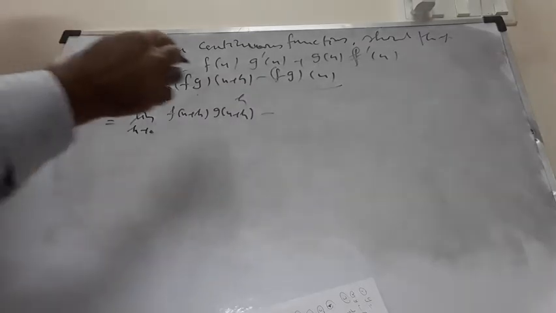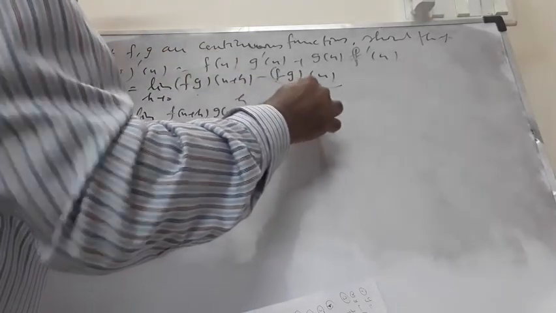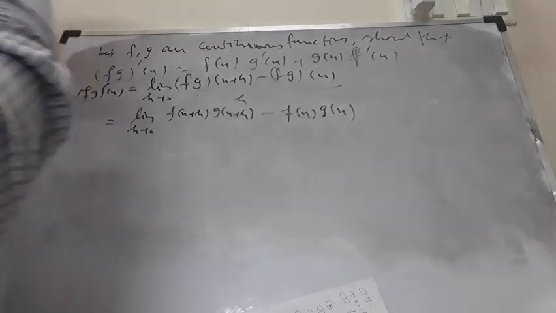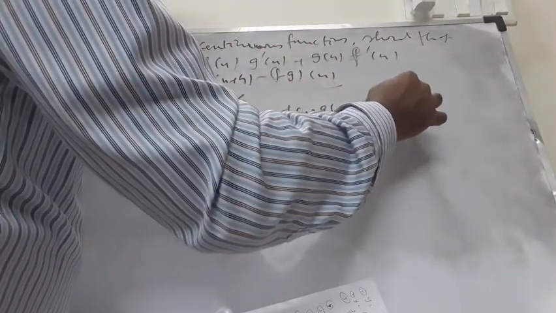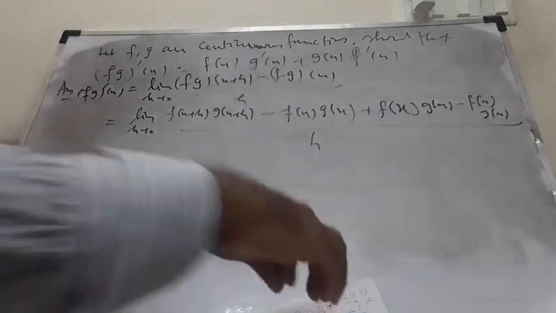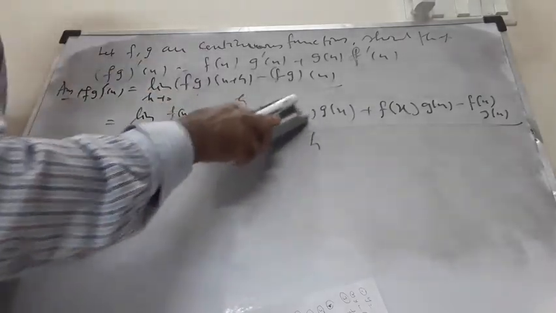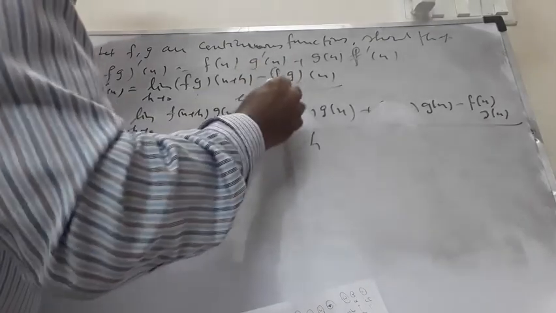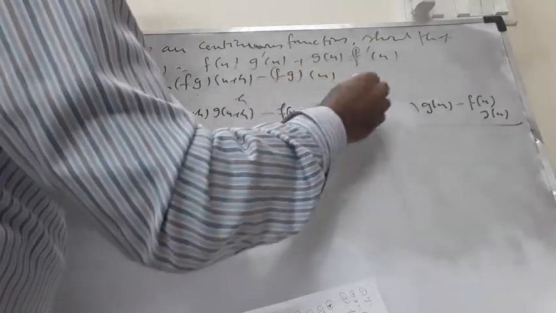What I will do is subtract and add f(x + h) into g(x). Just listen carefully. I need it, therefore I do.